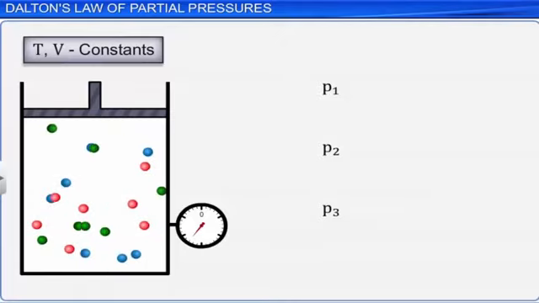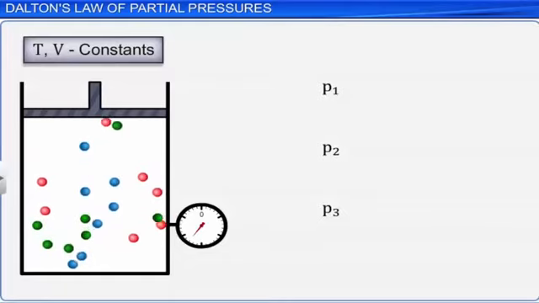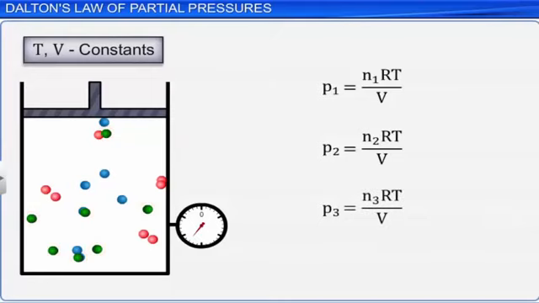Now, by applying the ideal gas equation, the partial pressure of gas 1, that is P1, is equal to N1 RT divided by V. Partial pressure of gas 2, that is P2, is equal to N2 RT divided by V. And partial pressure of gas 3, that is P3, is equal to N3 RT divided by V, where N1, N2, and N3 are the number of moles of the 3 gases.